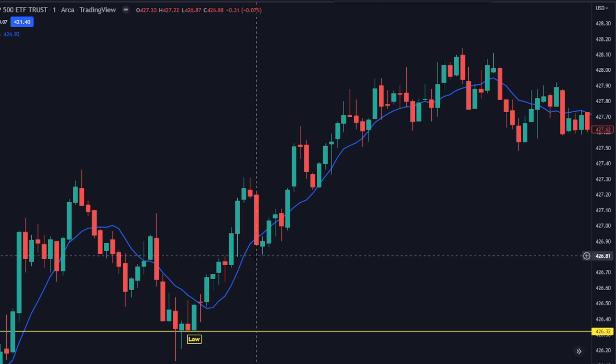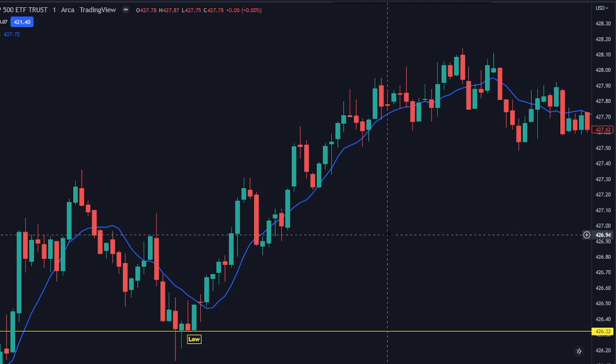If it would have broke down below that area, then there would have definitely been some cause for concern. That's probably where you might want to put a stop loss, a little bit down below that. But when we're talking about reading the charts and understanding price action, that's what we're talking about. Just looking at the candles, looking at the bars, being able to understand the possibilities.